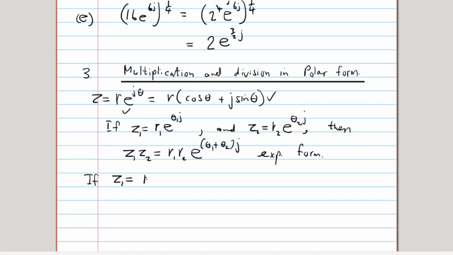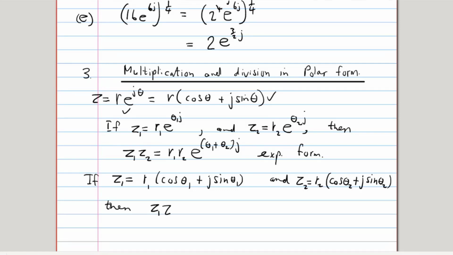If z1 is equal to r1 (cos theta 1 plus j sine theta 1), and z2 is equal to r2 (cos theta 2 plus j sine theta 2), then the product z1 z2 is just r1 r2 (cos of theta 1 plus theta 2, plus j sine of theta 1 plus theta 2).